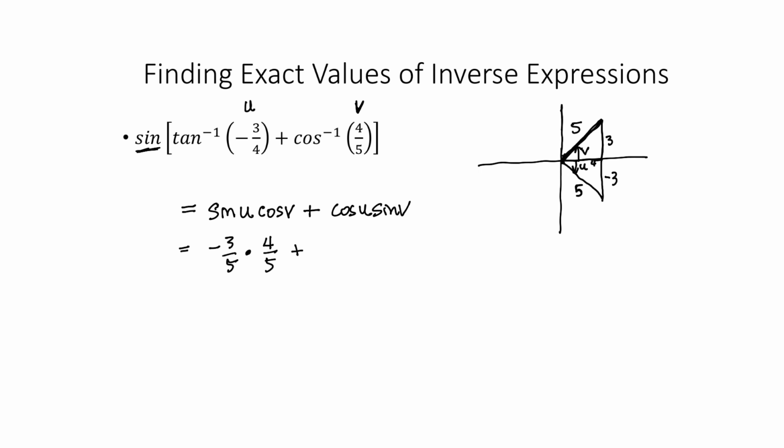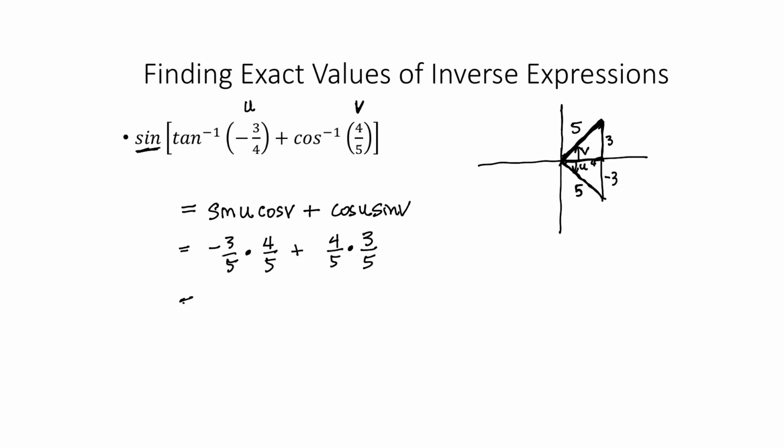And then we want to take the cosine of u, so that would be 4/5 as well, times the sine of v, which would be positive 3/5. So just to double check, cosine of u, yep, that's positive 4/5. Sine of v is going to be 3/5, and that's positive as well.